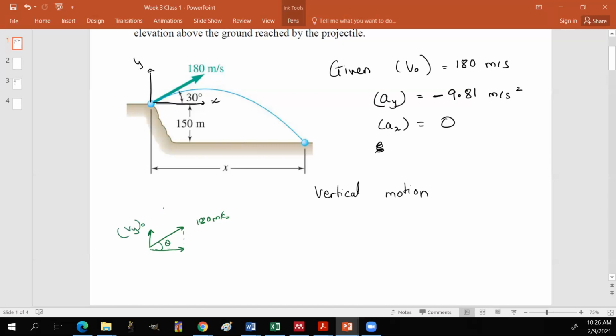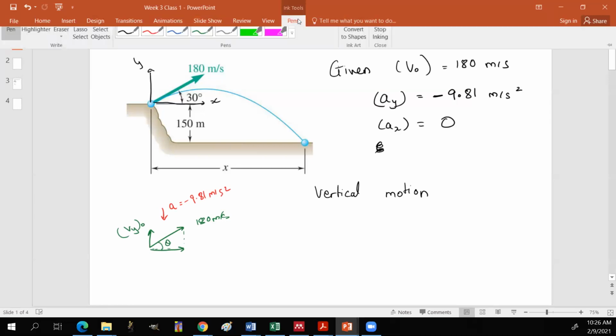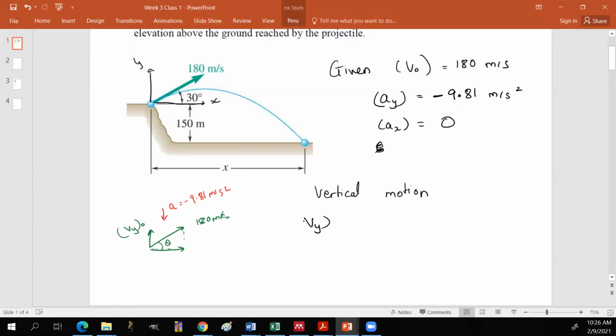And then you have a negative acceleration, which is equal to minus 9.81 meters per second squared. We can straight away say that the initial component of the velocity, Vy naught, is just equal to 180 meters per second times sine of the angle theta, which is 30 degrees. So sine of 30 degrees, sine 30 is 1/2, am I remembering that correctly? Yep, it is. And that equals 90 meters per second.